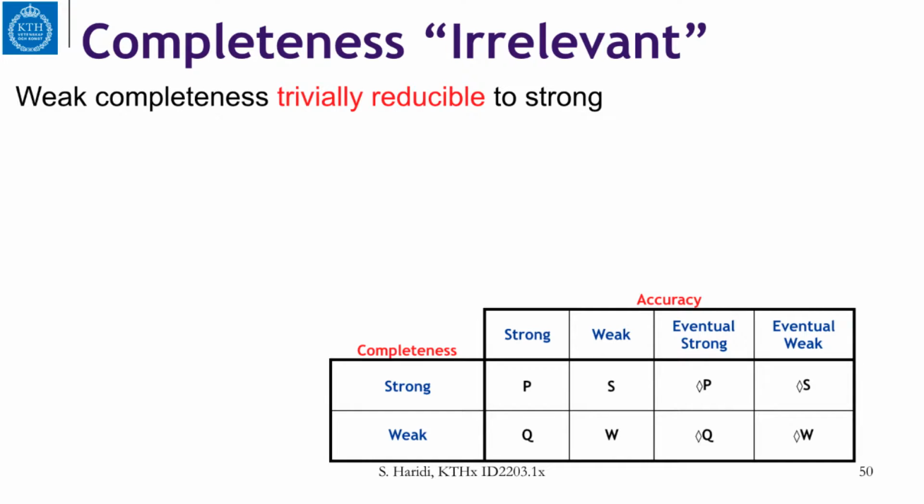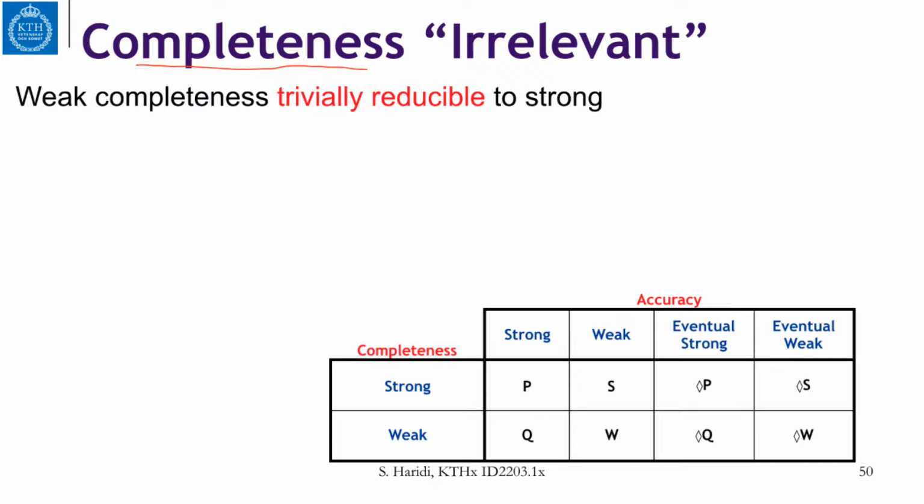Now, what we are going to do in a number of slides is to show that completeness is relevant, in the sense that strong completeness and weak completeness are equivalent. First of all, any failure detector with weak completeness is trivially reducible to a failure detector with strong completeness.